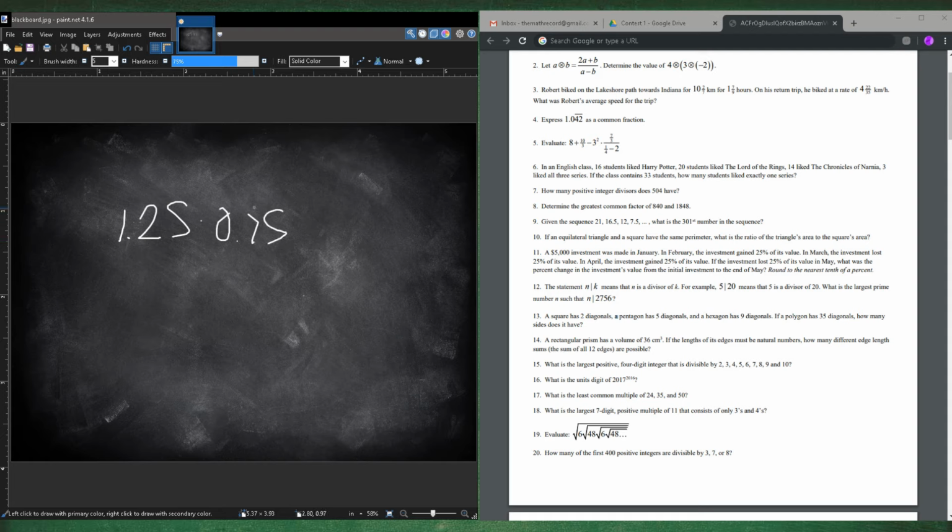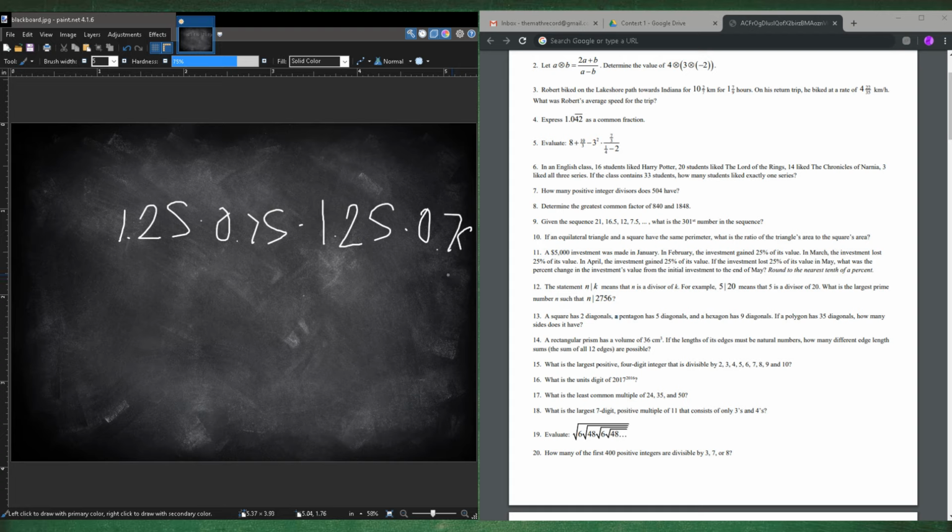And then in April, it gained 25% of its value, so it multiplies by 1.25 again by the previous amount. So it's 5,000 times this times 1.25, and then that amount multiplies by this, and then that amount multiplies by that. So that's in April, and if the investment lost 25% of its value in May, it's multiplied by 0.75 again. What was the percentage from the initial amount?